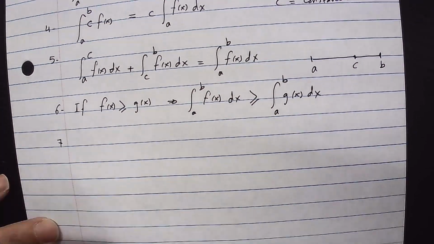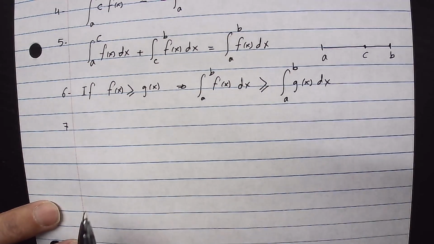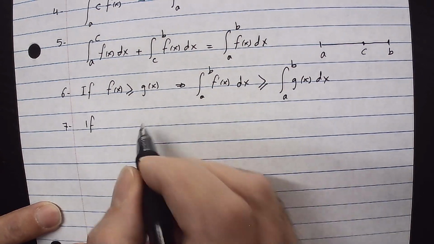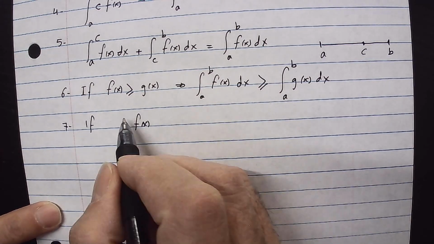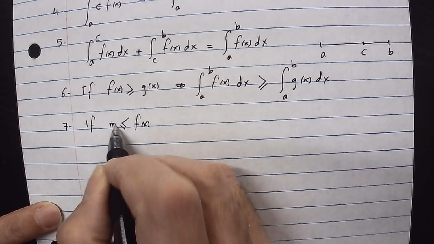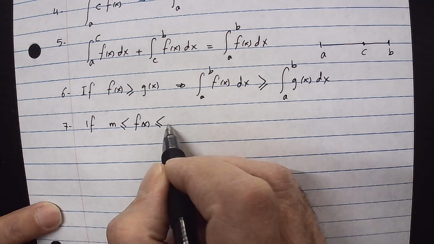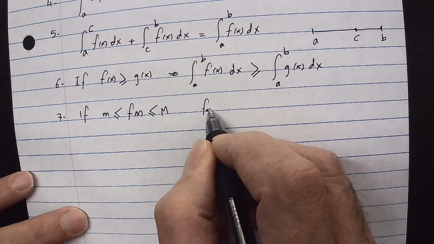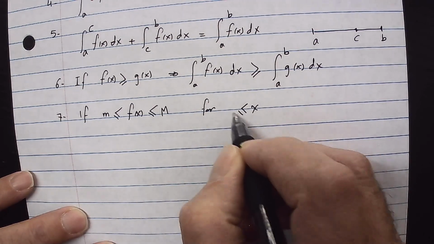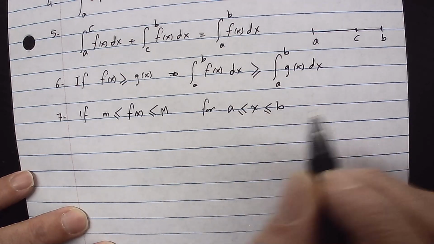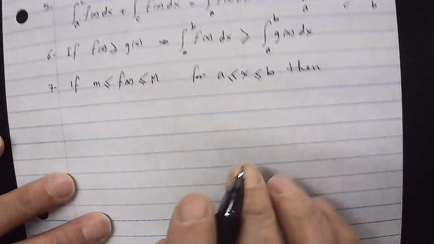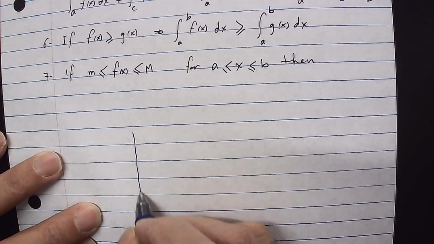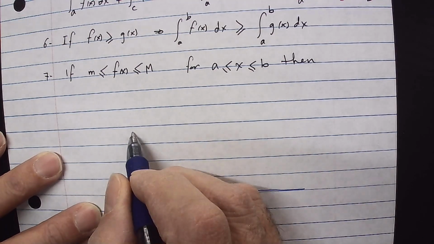Number 7, if we have the function confined between two values, a small value and a big value, that correspond for x between a and b, then let's take a graph to show this before we put this in the equation.